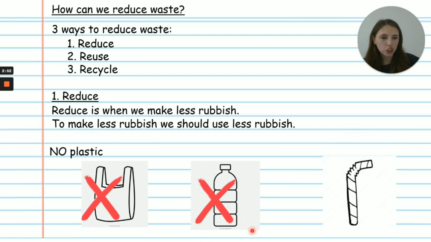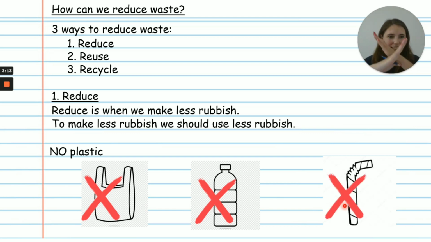Then draw a picture of a straw, a straw that we use to drink. And then draw a red X on the plastic straw so we can say no, we do not want straws.